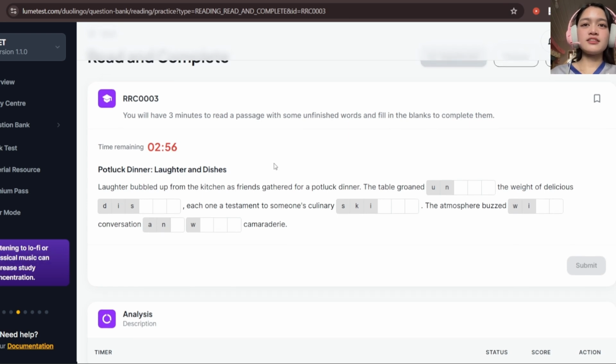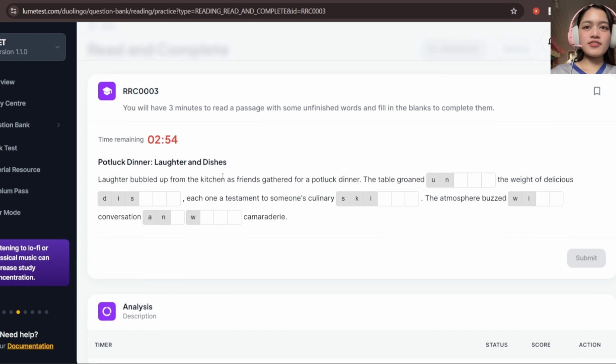Laughter bubbled up from the kitchen as friends gathered for a potluck dinner.